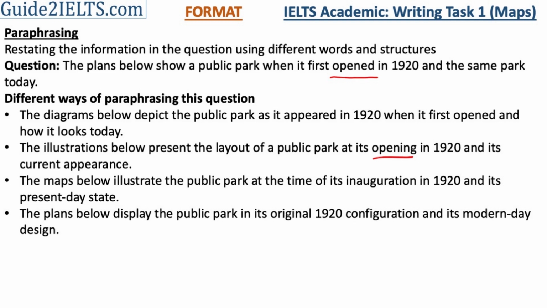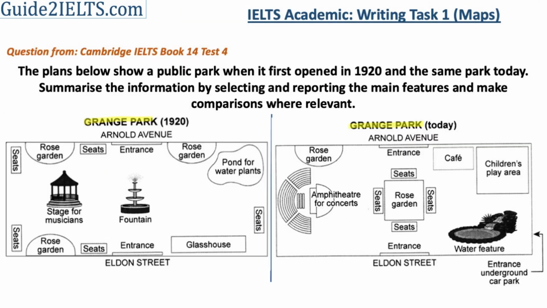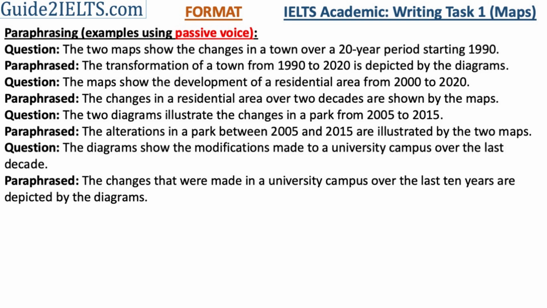An additional tip here is that sometimes there is information in the title of the maps which is not there in the question and which can be used when you paraphrase a question. The question that you're given is in active voice. So one other way to paraphrase is that you can change it to passive voice.